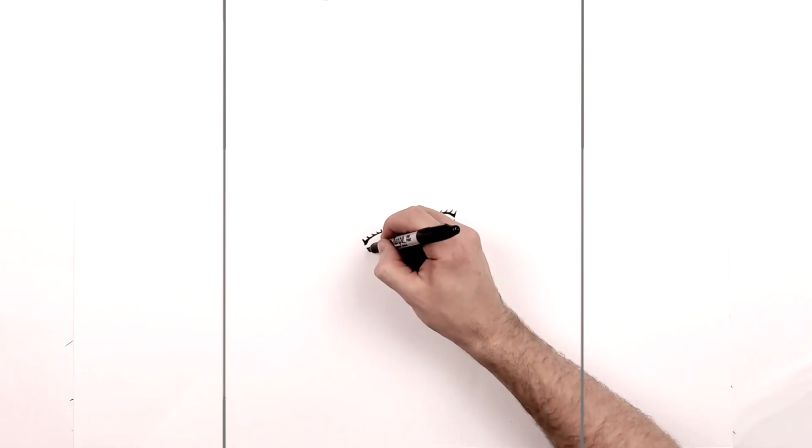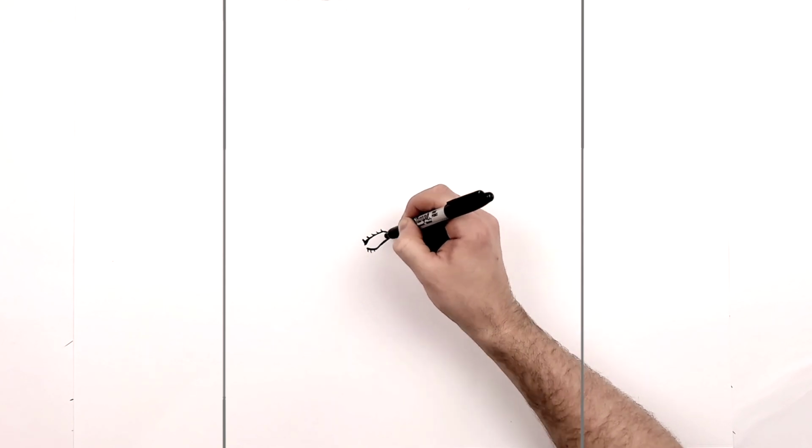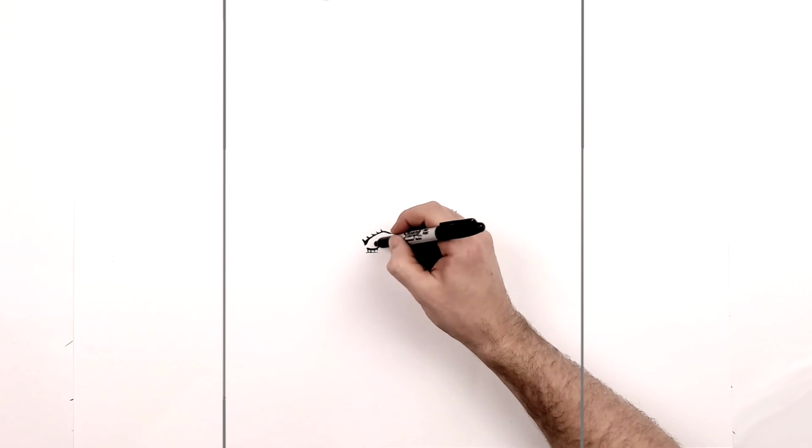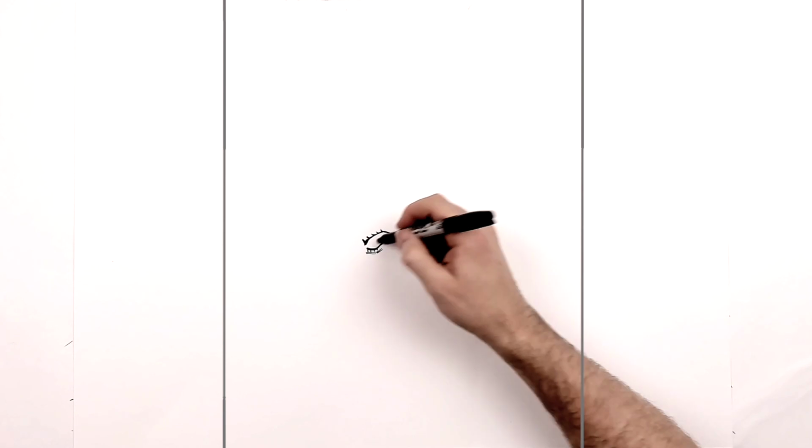Like so, and we'll add some eyelashes back here, and a kind of a line just coming around his eye, like there, like that.